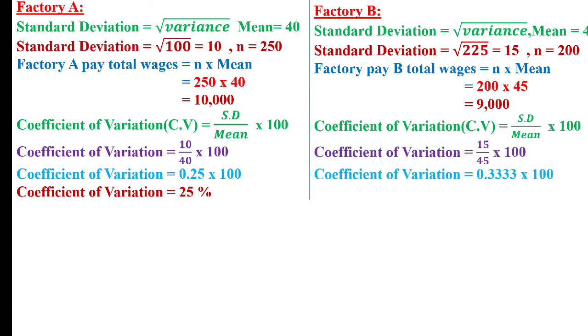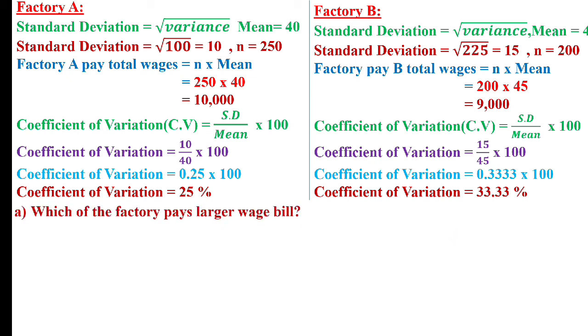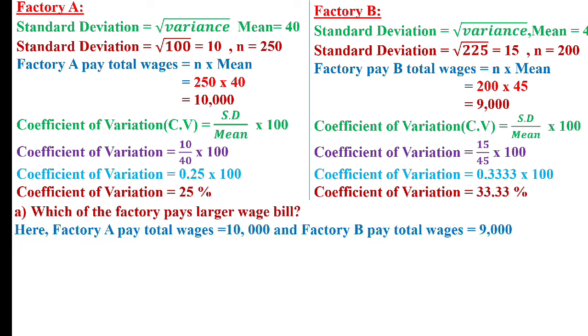Simplify, 0.333 into 100 we will get 33.33. This way both coefficients of variation are calculated. Now we need to find which factory pays the larger wage bill. Here total wages of factory A is 10,000, B is 9,000. So factory A pays the larger wage bill.